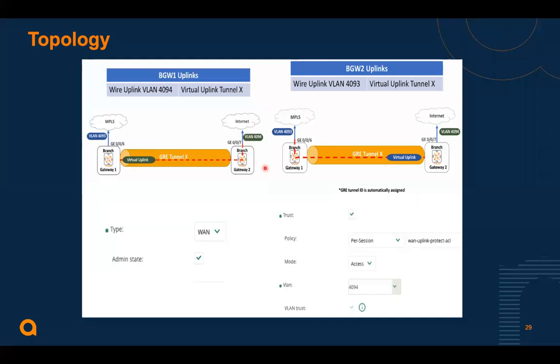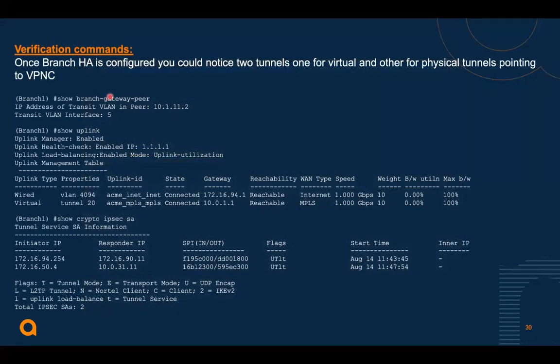So what we do is we do a VRRP on a specific VLAN, and then we set the HA, and once we set the HA, a virtual link between branch gateway 1 and branch gateway 2 is achieved. This is the configuration that I was talking about.